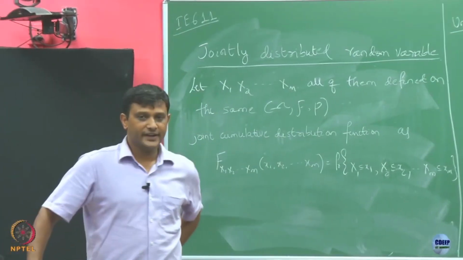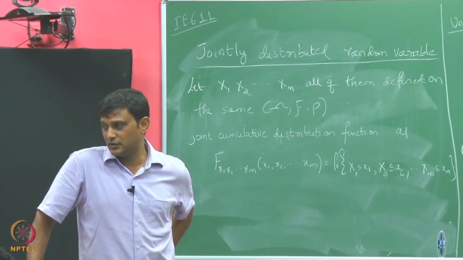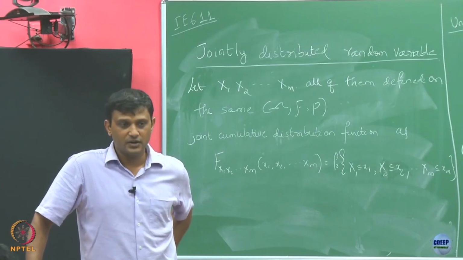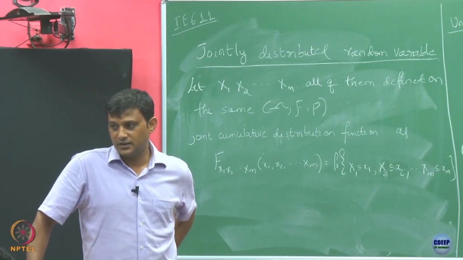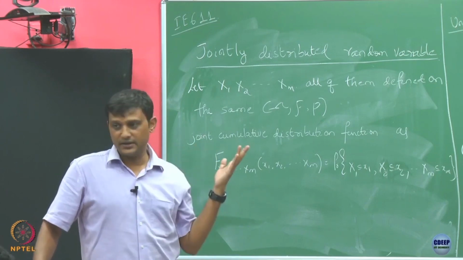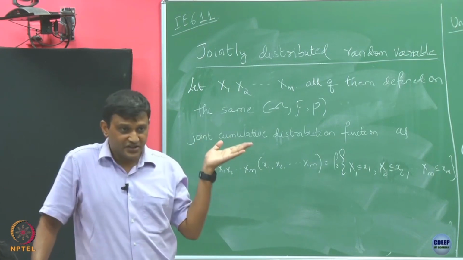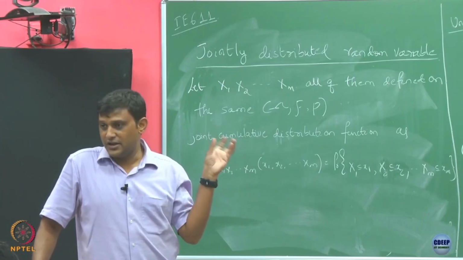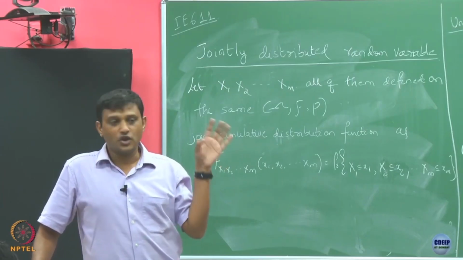Now I am not looking at one random variable, but at m random variables, and their outcomes may be dependent on each other. That is why I need to give a joint distribution.